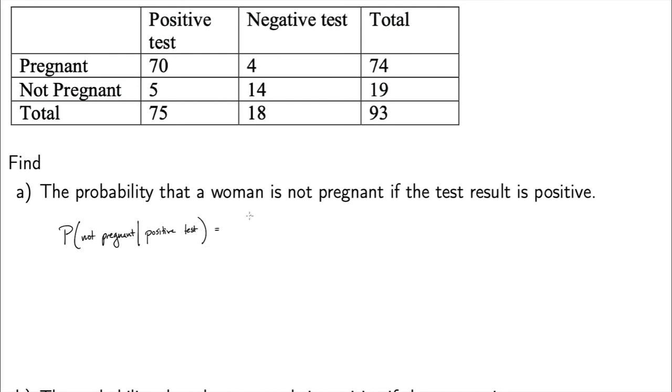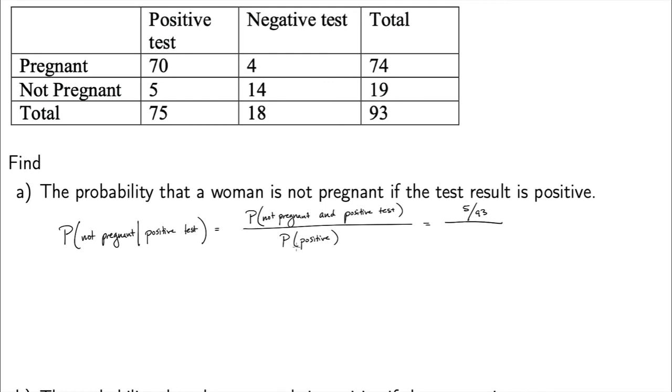This is the probability of not pregnant and a positive test, divided by the probability of a positive test. Okay. So the probability of not pregnant and positive, this is right here. Okay. 5 out of 93.